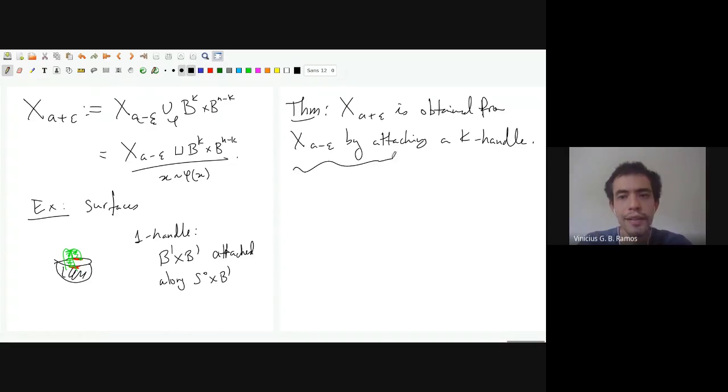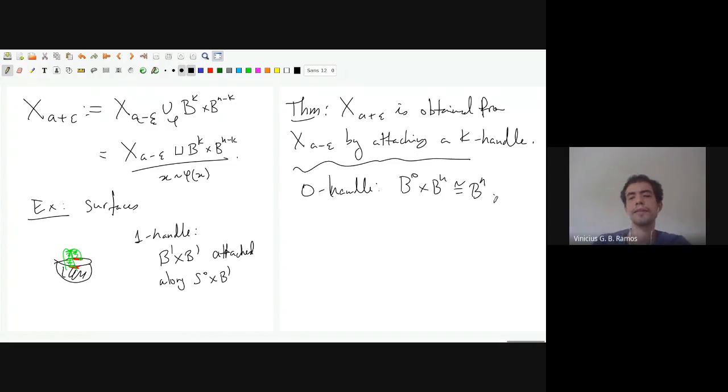What's the zero handle? A zero handle is B^0 times B^n, so it's diffeomorphic to B^n. But it's attached along the boundary of B^0, which would be S^(-1), so it's nothing, along the empty set.